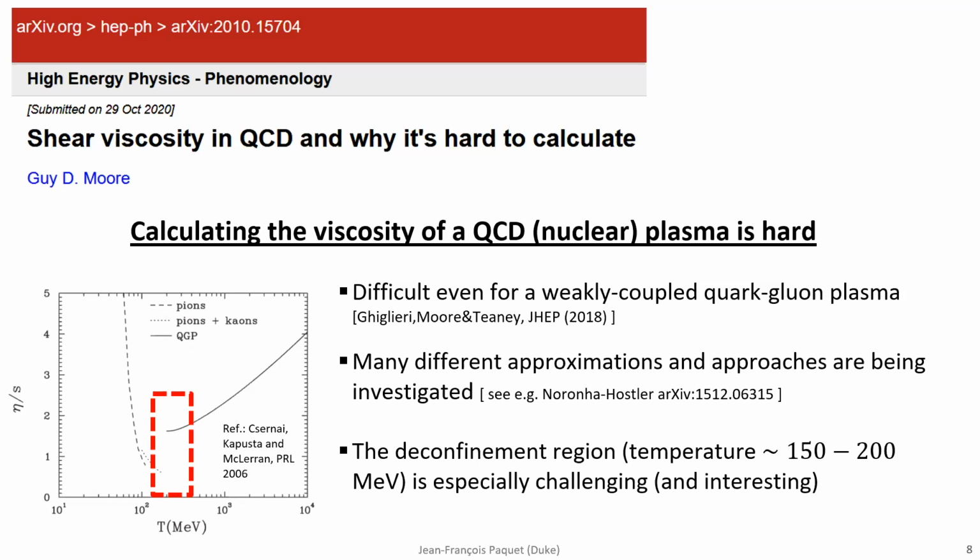And this transition happens around 150 to 160 MeV. It's a very interesting region of QCD, and it's also a region that is especially difficult to study from first principles.